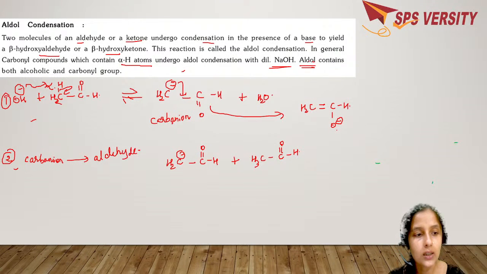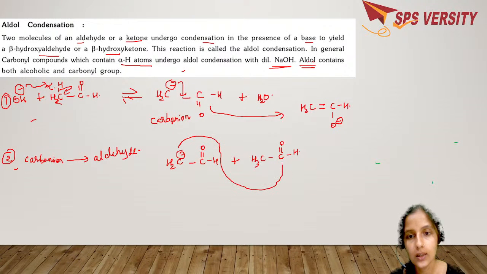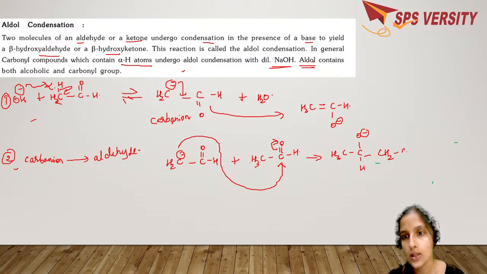So what happens over here? This particular negative charge will now go and attack the carbonyl carbon and this shifts, because of which you get CH3, CH, this becomes negative and this gets attached over here, CH2, CHO.